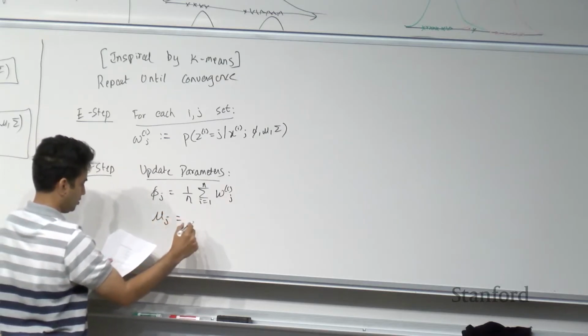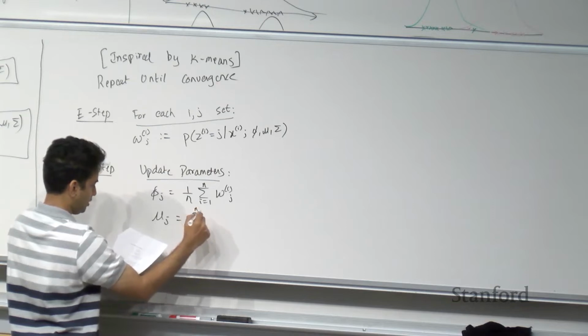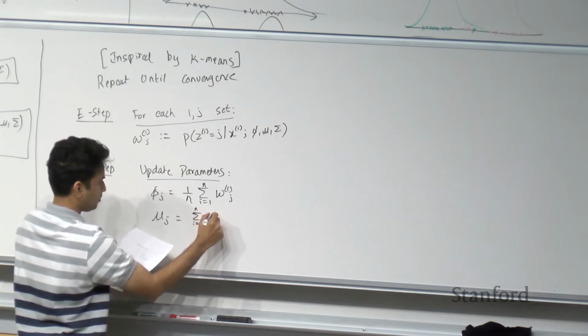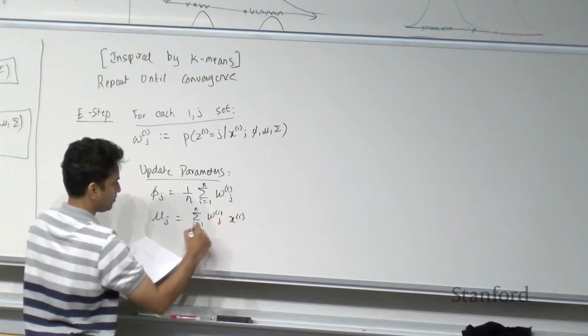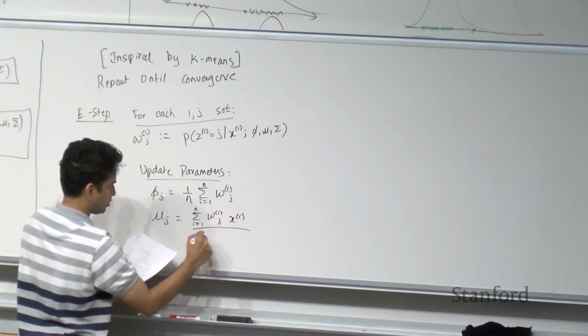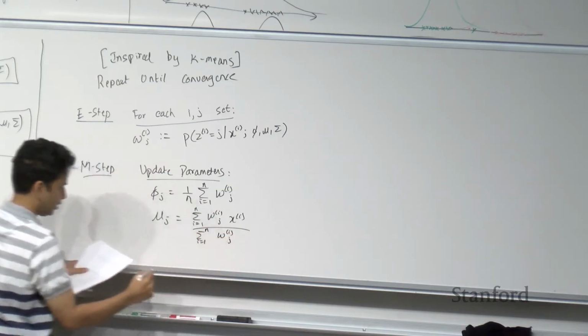Mu j is sum over i equals 1 to n W i j xi, over sum over i equals 1 to n W i j.